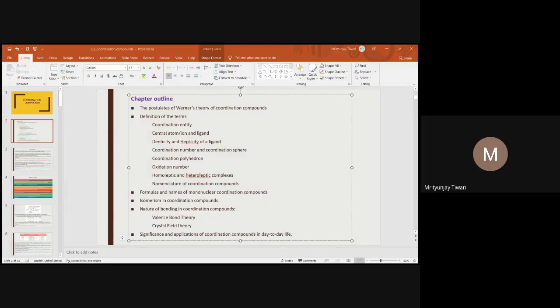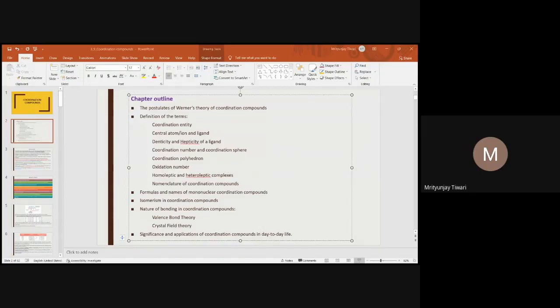In this case, you can see its oxidation number is +3, and that +3 is balanced by two chloride ions in the coordination sphere, and one chloride ion outside the coordination sphere. Since only one chloride ion is outside the coordination sphere, this is called the primary valency. So the primary valency of this complex is 1, because it has only one chloride ion as a counter ion.